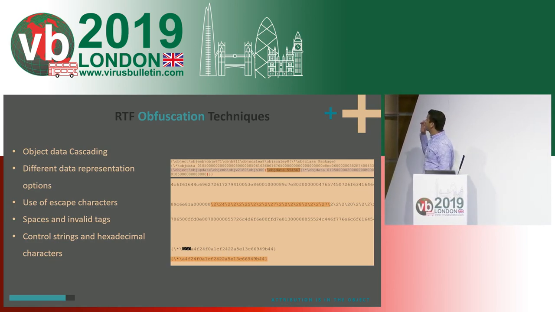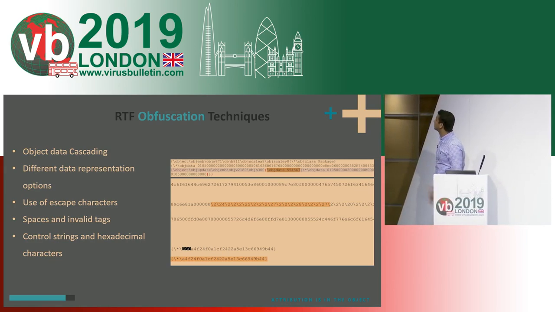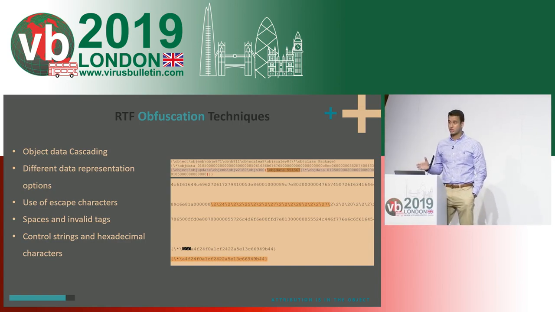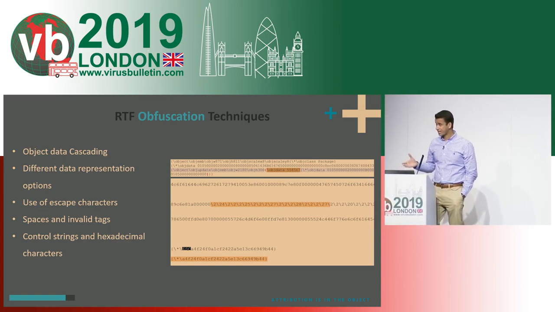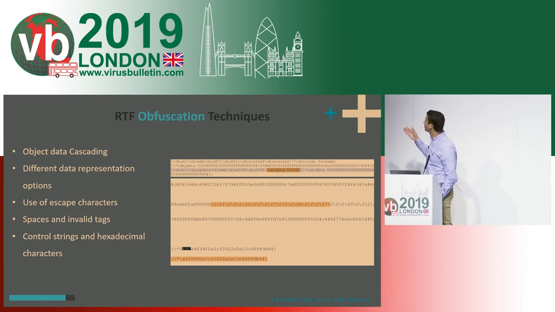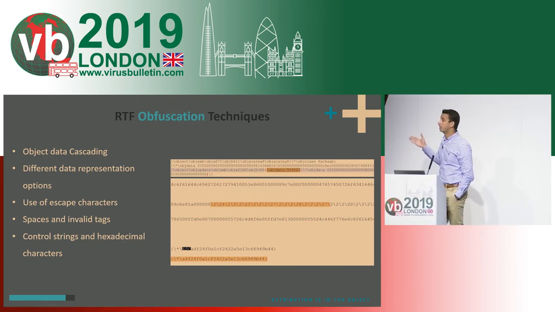As we said, we can see that there is an object defined here, and the object has a header and an object data. The object data, as we said, is the payload that contains the malicious data the actors are going to use to exploit the vulnerability. And we can see here actors can make use of the flexibility of RTF files.